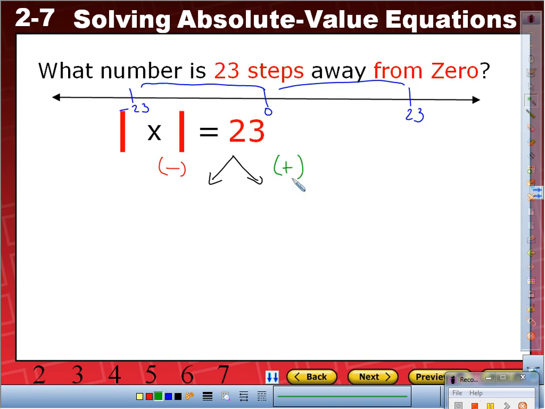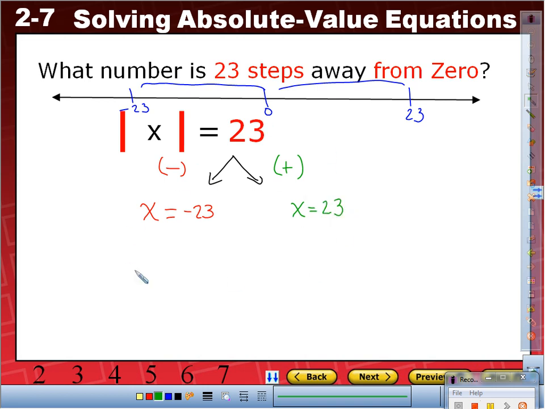For the positive number. So now this is what I write. For the negative one, I write x equals, what do I write? Negative 23. For the positive, I write x equals 23.